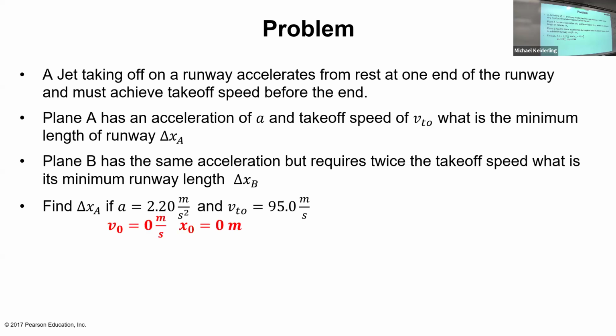So here's a list of the things we know. We know our initial velocity is 0. Our initial position is 0. For the first part, our acceleration is A. Our velocity is velocity of takeoff, and we want to find delta XA.